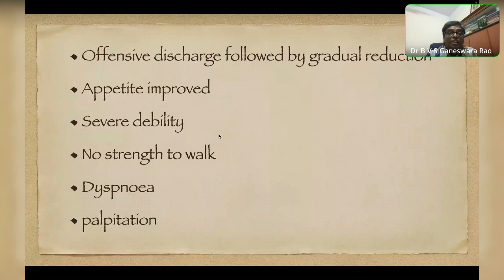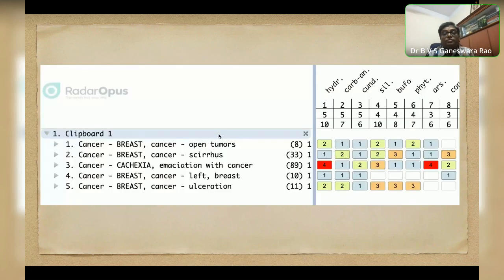Severe dyspnea and palpitation started. Once again, this is the repertorization chart I had: cachexia, emaciation with cancer ulceration. Three remedies came up strongly: Hydrastis, Carbo animalis, Conium.